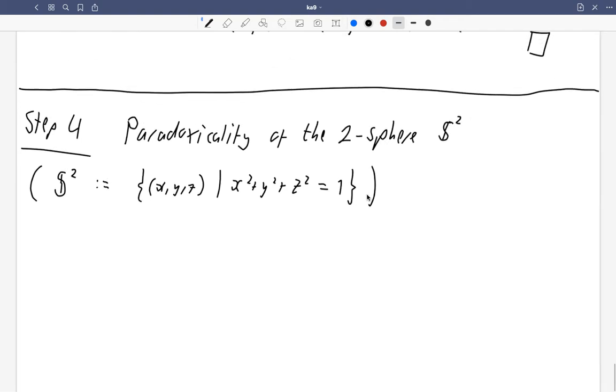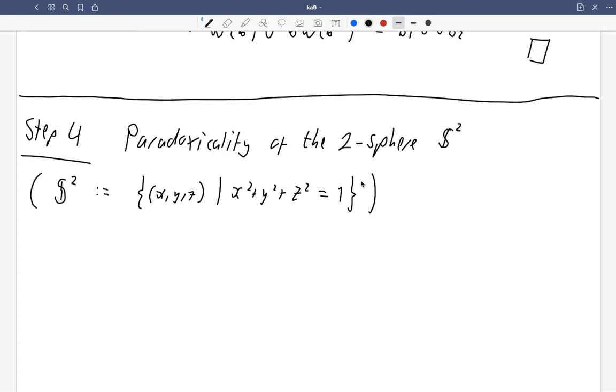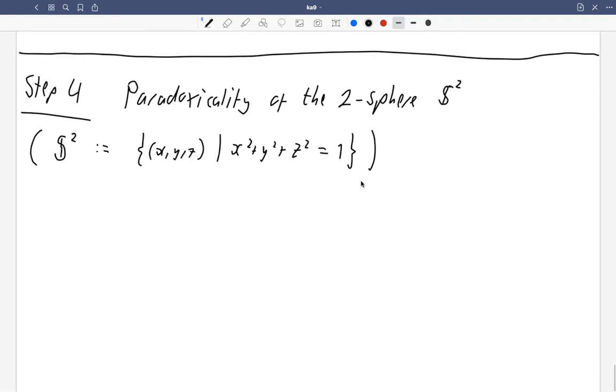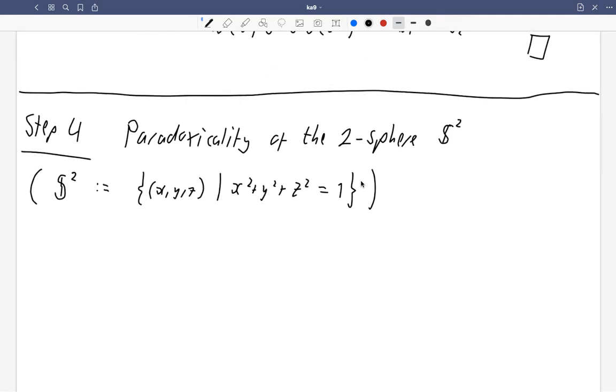So now we're getting into the serious geometry of the situation. And we're going to do that by making a jump from the free group on 2 generators to S2. And that depends on the following lemma. Again, I'm not going to prove this, and it requires quite a technical proof.